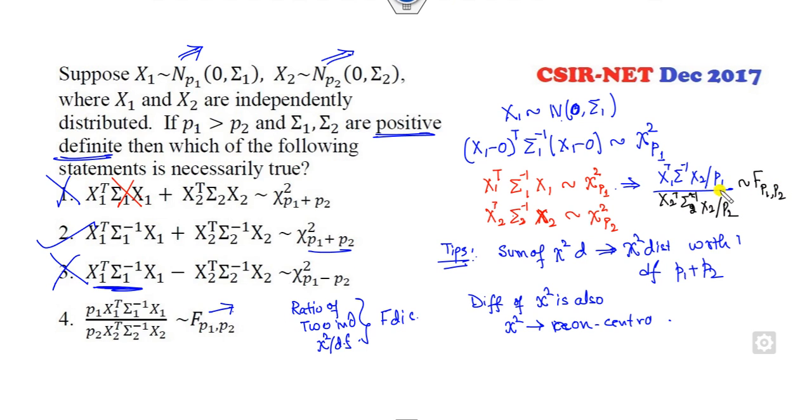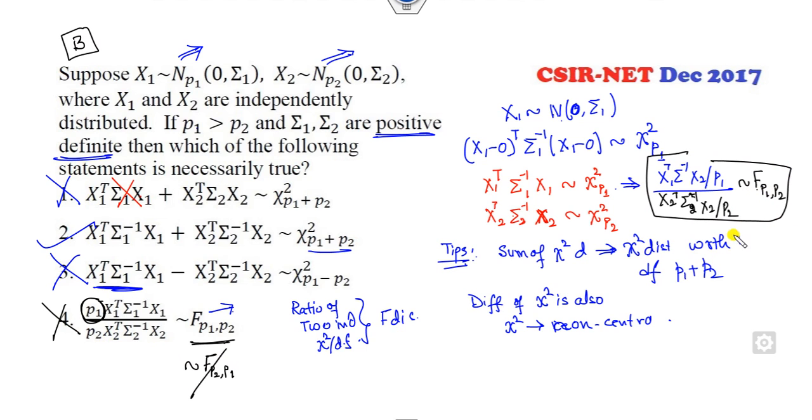But if I solve this, here it is p1, but I needed it divided by p1, so this property is not satisfied. I can say this will follow p2 comma p1, because I can write this quantity as divided by p1. So this is the wrong option. The correct option is only B. This is the correct way when p1 and p2 are followed.